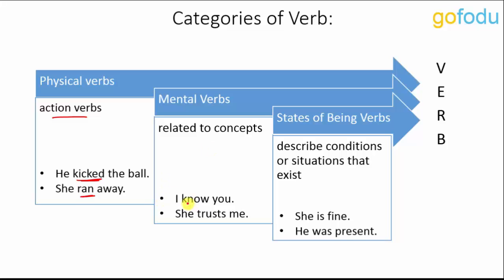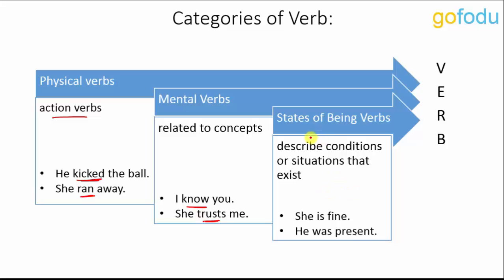For example, I know you. So knowing is understanding. Knowing is intangible. That means it cannot be touched. It cannot be put into action. I know you. She trusts me. Both of these, know, trust, believe, all these are mental verbs.